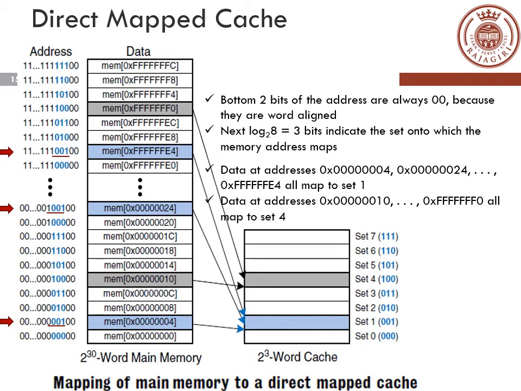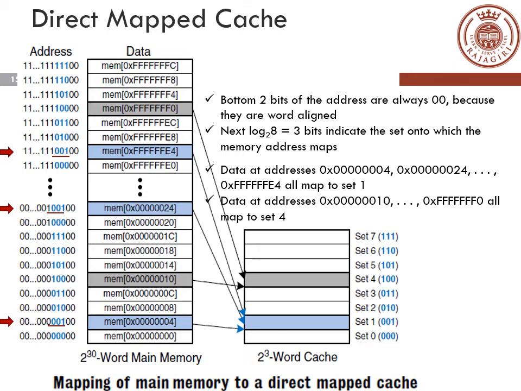Further you go up, you can see the memory location FFFE4. There are many more locations, but in the figure you can see three blue blocks, which have the set address as 001.